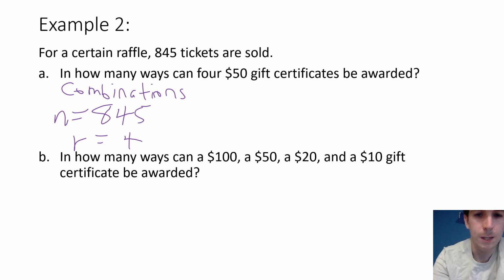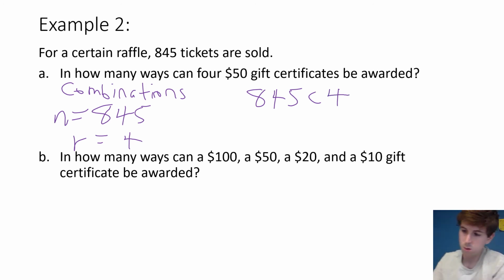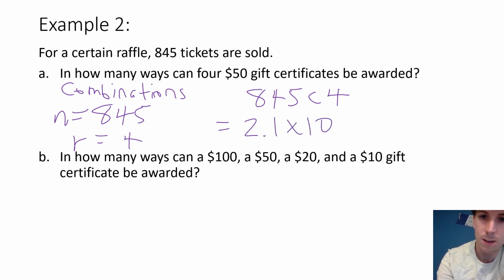It's probably just going to be easiest to use the calculator command here. We'd have 845 C4, and get a massive number. It's going to write out 2.1 times 10 to the 10th power.